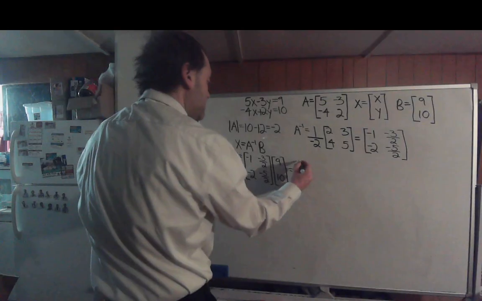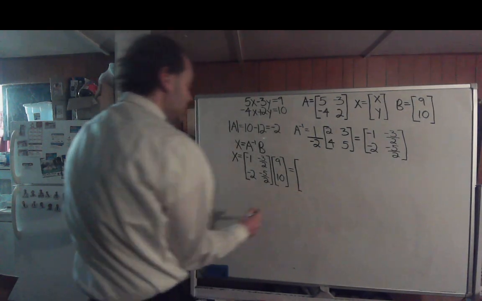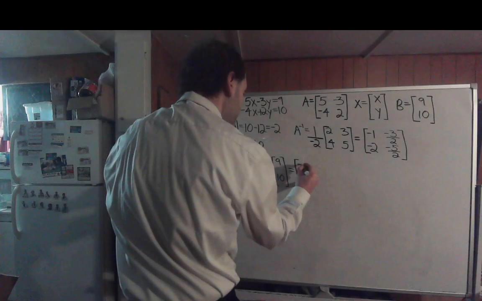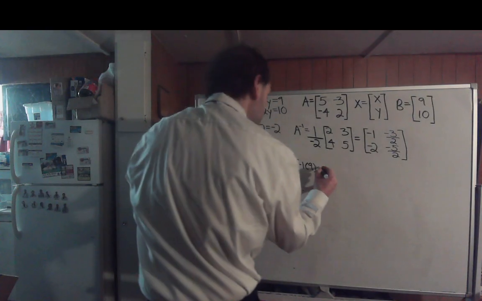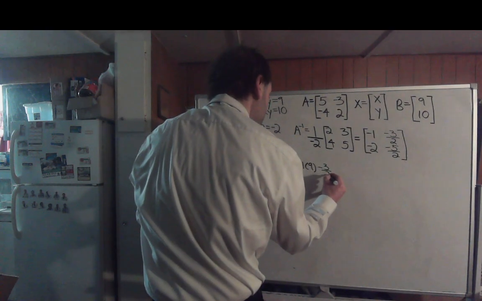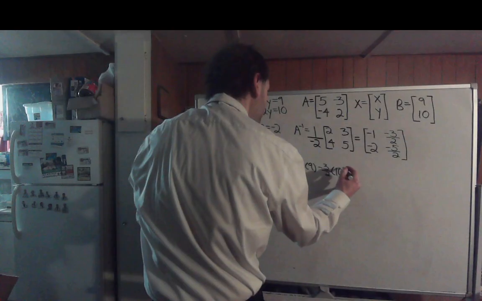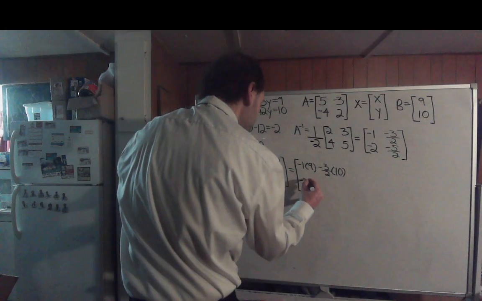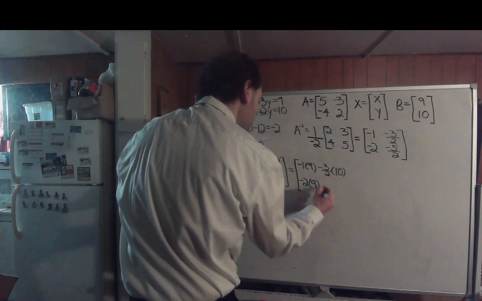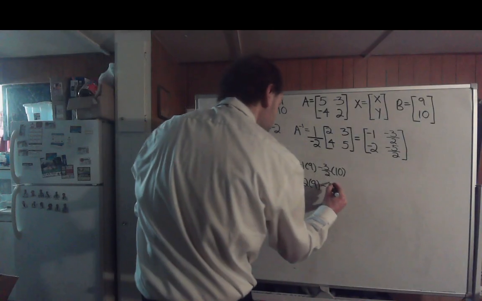So let's do that matrix multiplication. So this would become negative 1 times 9 minus 3/2 times 10. Then you'll have negative 2 times 9 minus 5/2 times 10.